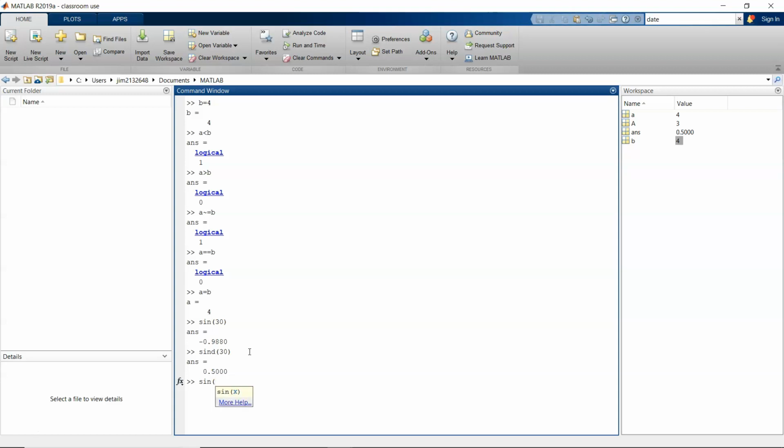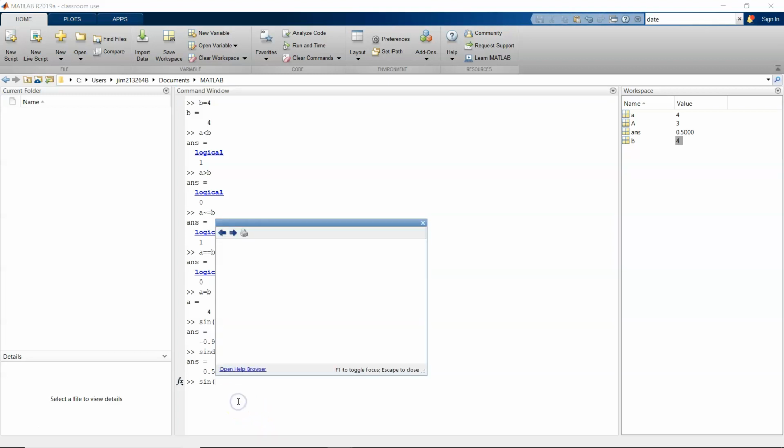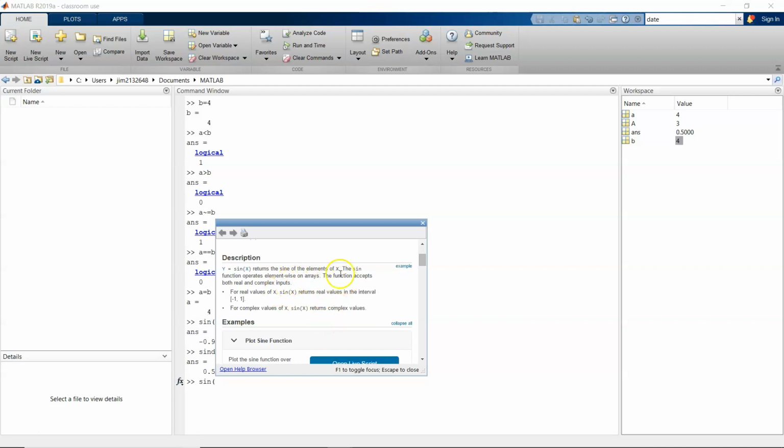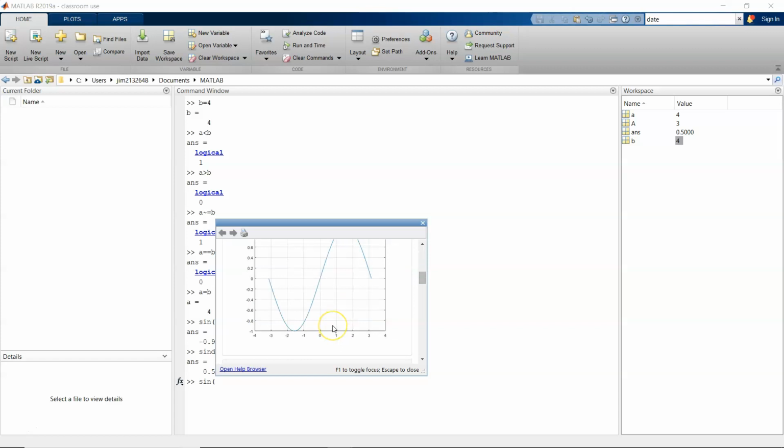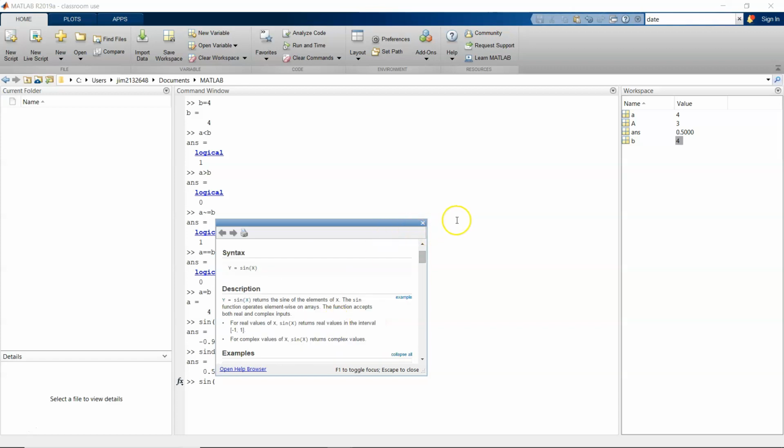Let's see. You can get more help right here, by the way. I wonder if more help would help us, tell us it's radians. You know, it doesn't tell us radians, does it? But it gives us a hint. Take a look. So it gives us an example. The example is in radians, and voila, it works like it's supposed to.